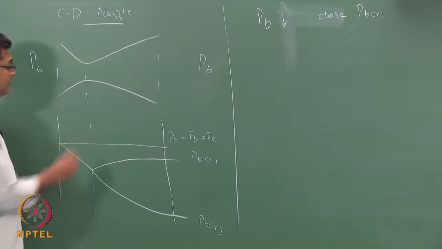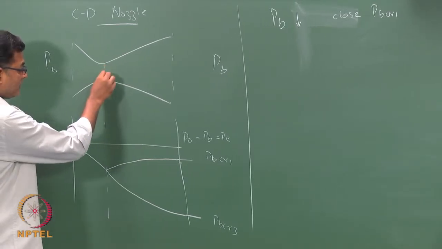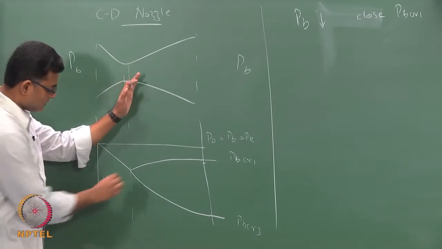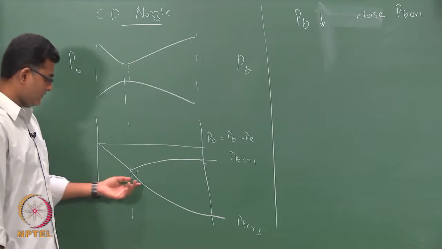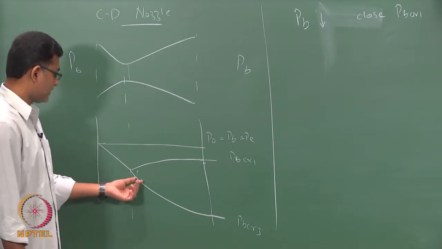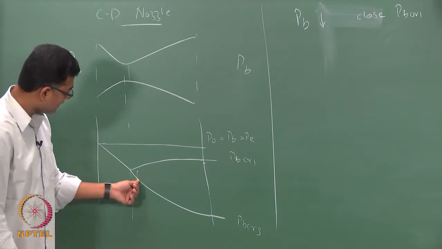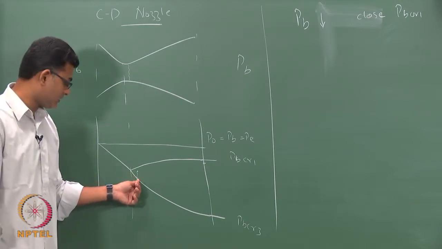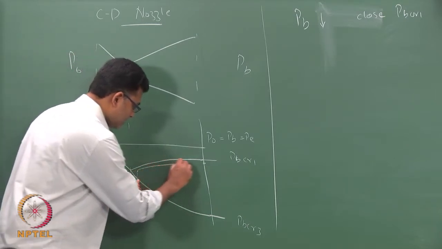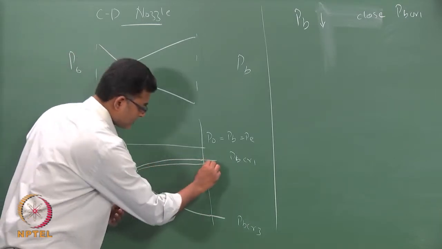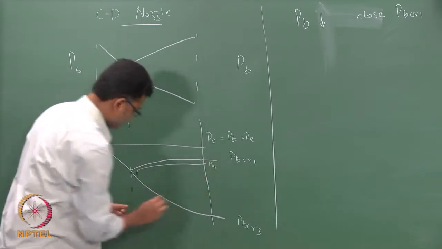In this condition you would have a shock that is closer to your throat. So, for some region it would be supersonic, and then suddenly it faces a shock and the pressure increases to some value here. So, let us take this as PB 1.